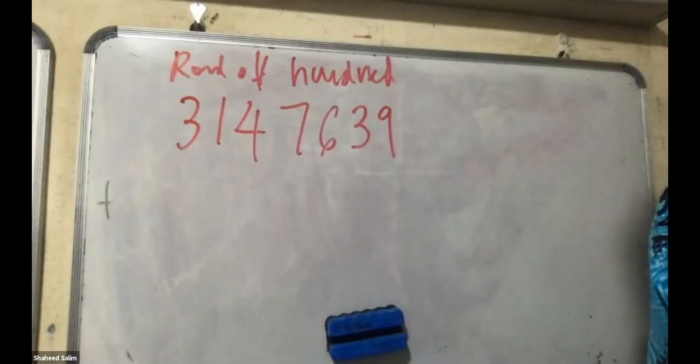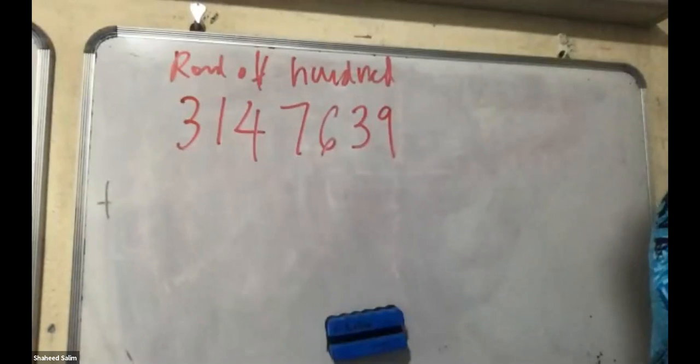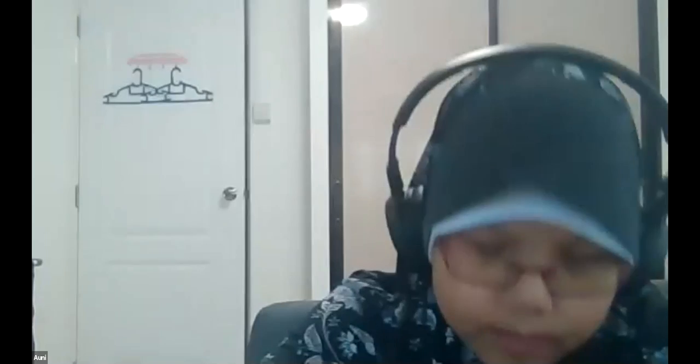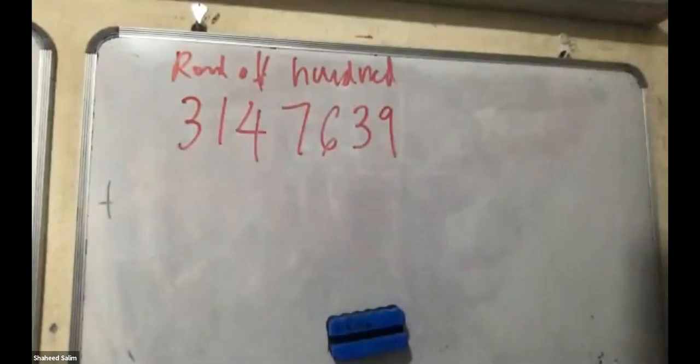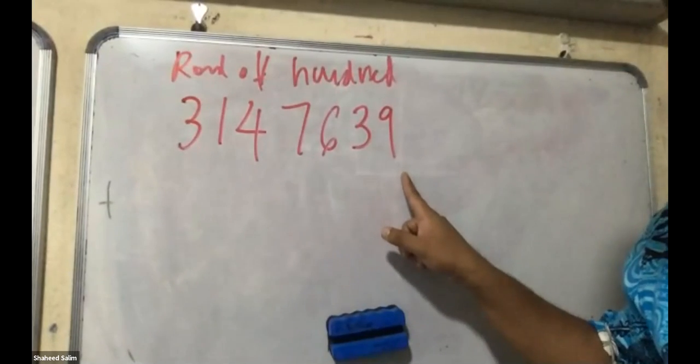Not yet. Amara, are you done? Yes. What's your answer? 314760. What about Auni? Have you gotten it? What's your answer? 3140000.